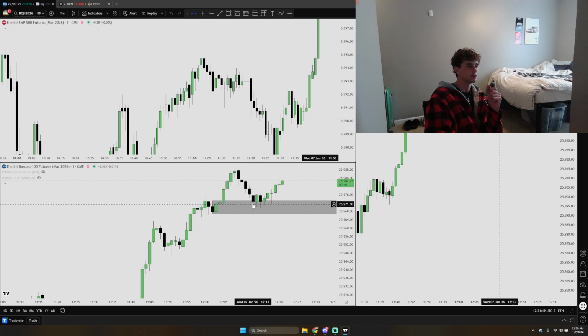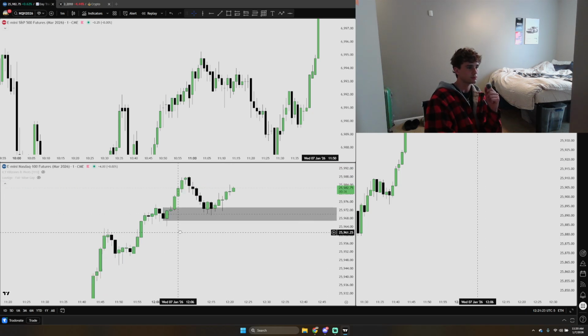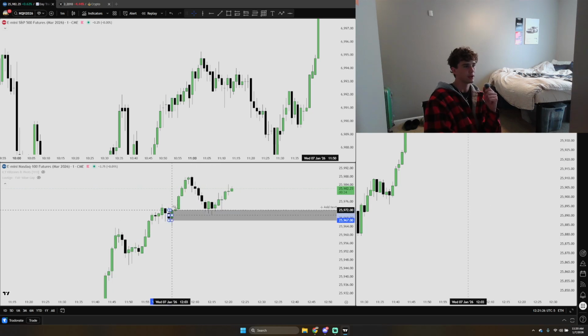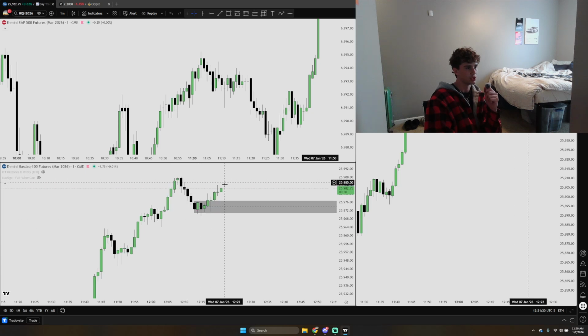If we shifted structure right here, pretend we're in macro right now, we have an order block here, so we would shift through this swing low and potentially pair a fair value gap with this order block or this one. Our invalidation low would be this low down here.